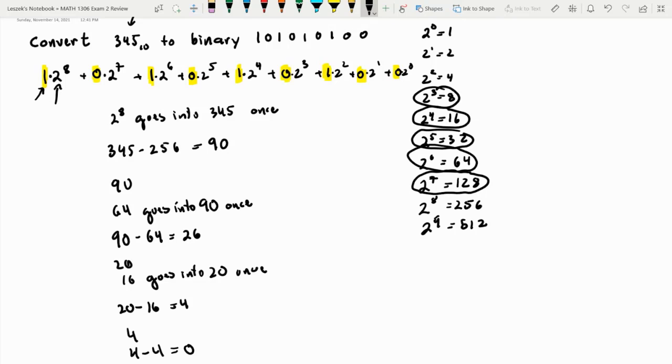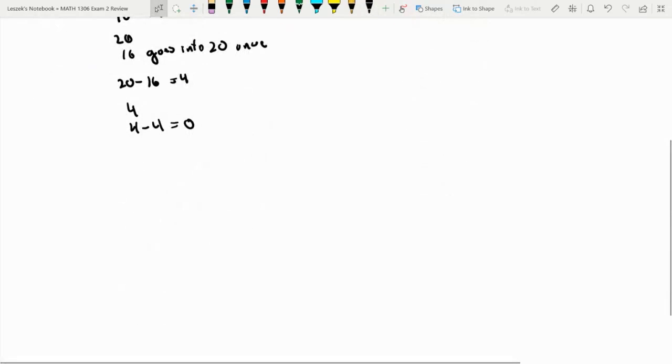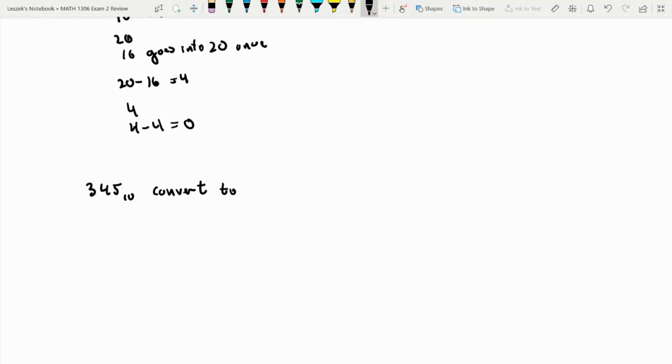Okay, and this idea can be expanded to, I guess, any base. So we can take 345 in decimal and convert it to, let's say, a number in base, I don't know, 7. Towards that end, I would list some powers of 7 on my calculator quickly until I get something larger than my decimal number.